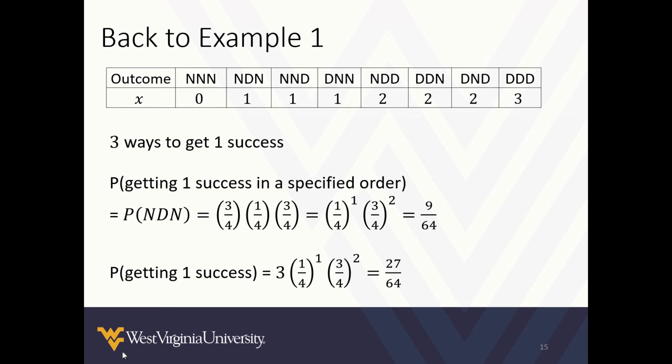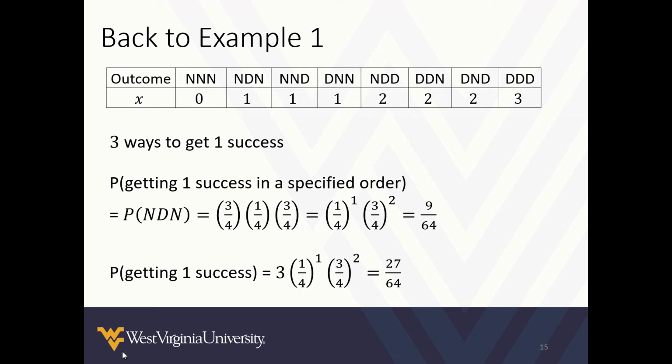So once again, let's take a look at our example 1. We have the same chart that we've had before with the outcomes and our corresponding number of x's. And we noticed that there were 3 ways to have one success or one defective part.